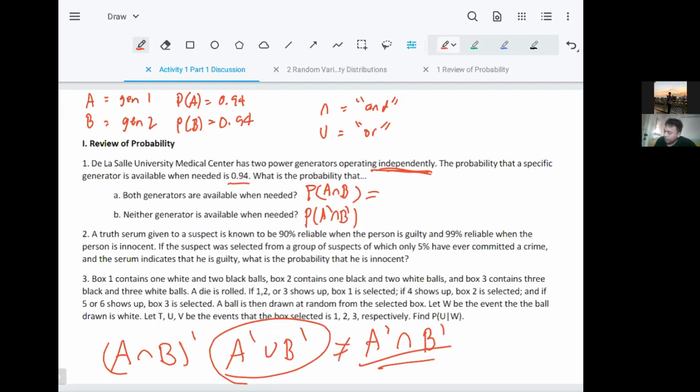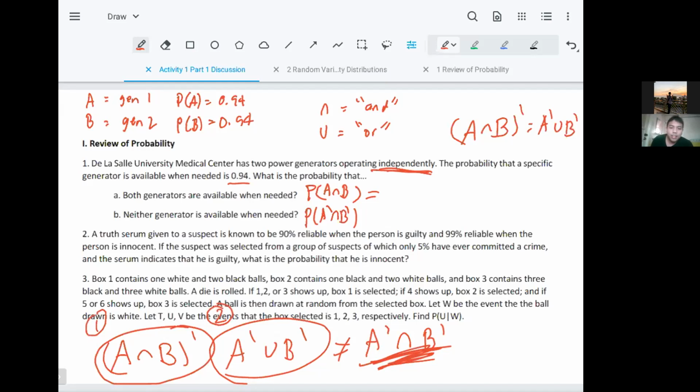Pag tiningnan naman natin itong nasa pinaka-left, hindi rin sila equal. Remember yung De Morgan's laws natin ganito. A intersection B, complement niya is basically pwede natin i-distribute yung complement, babaliktad yung sign. So the first two, expression 1 and 2, equal sila pero hindi sila equal dun sa sagot natin.